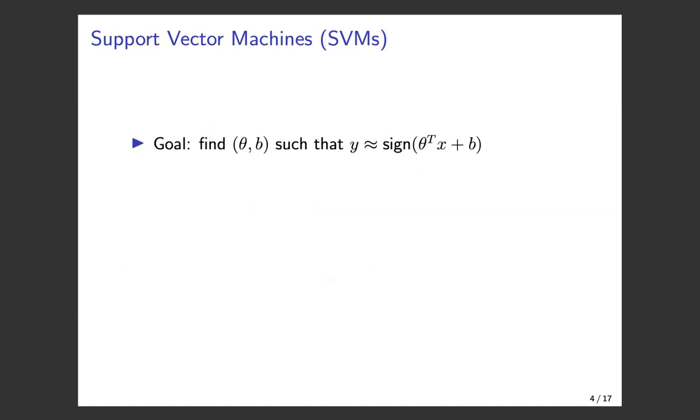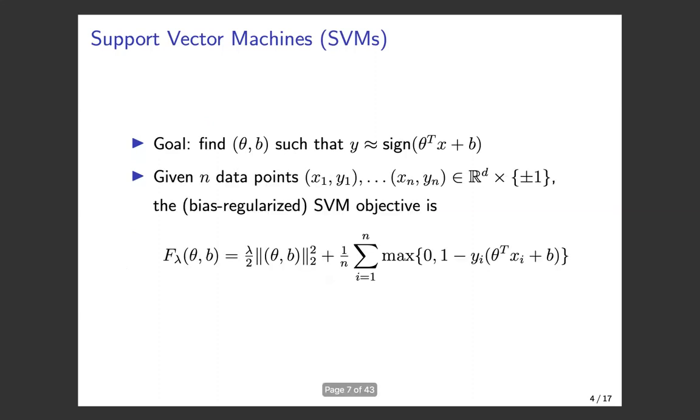Okay, and so the basic idea of SVMs is you want to find a good linear classifier, and in particular, the objective that the SVM algorithm minimizes is the following. So basically, it's this function f that has two terms. The first term, you can think of it as a regularization term that tries to make these parameters as small as possible.